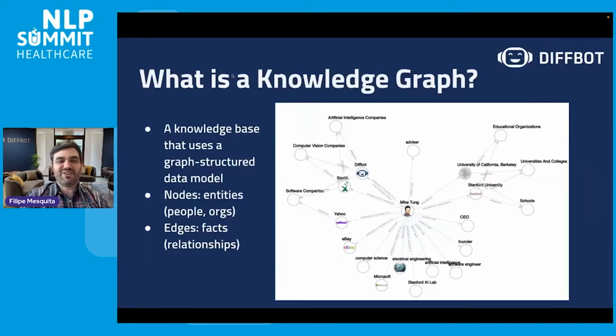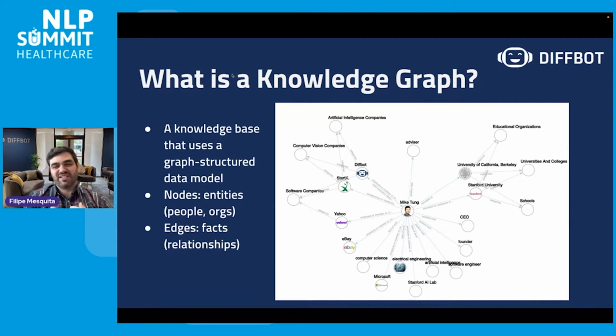Well, first of all, what is a knowledge graph? If this is the first time you've heard this term, it has been called a knowledge base before, which uses a graph structure data model. But you can think of it as a different type of database, one that's better for representing knowledge. The main components of the database are nodes.